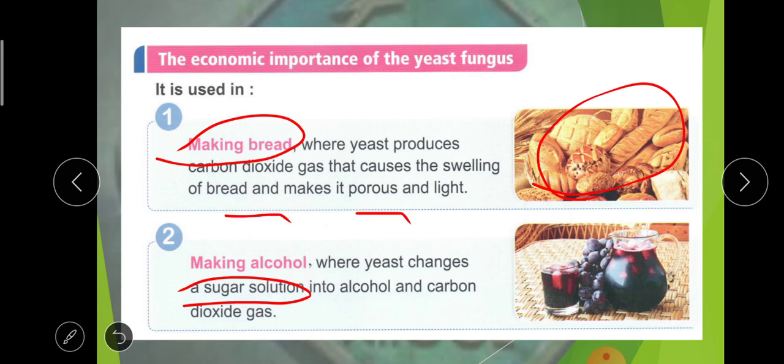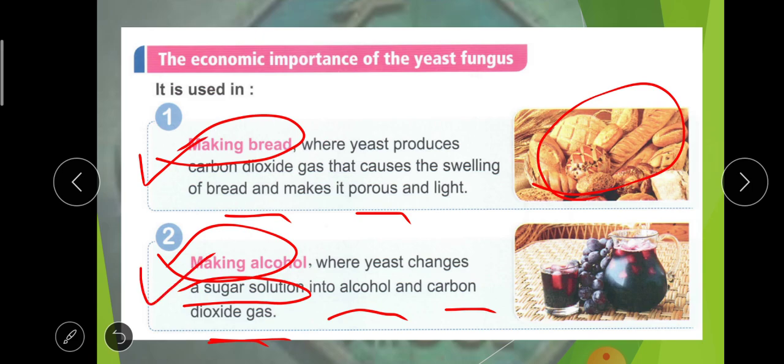It produces alcohol and carbon dioxide gas. So there are two importances of yeast fungus in our life: making bread and making alcohol.